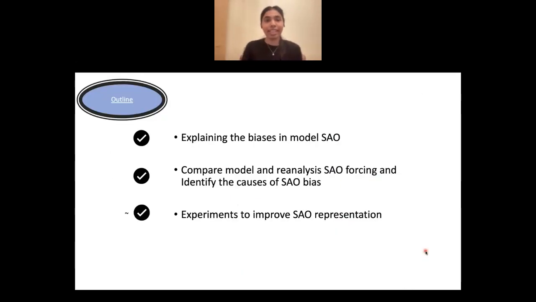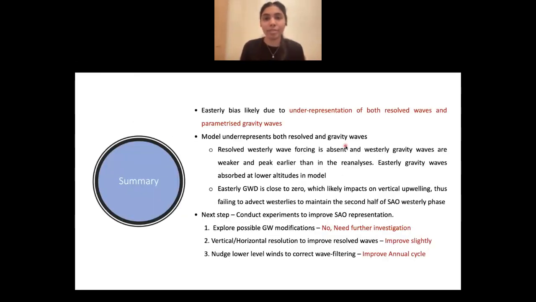So I have shown the model biases, compared the model and reanalysis, and showed some experiments, which we hope would show some improvement in the SAO representation. What we have from our analysis is that both underrepresentation of resolved waves and parameterized gravity waves lead to the easterly bias that we see in the semi-annual oscillation.